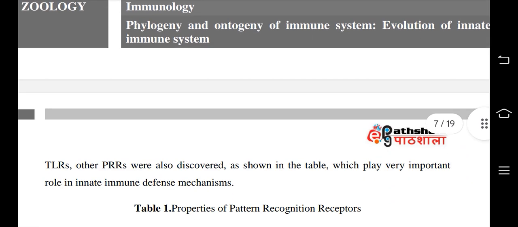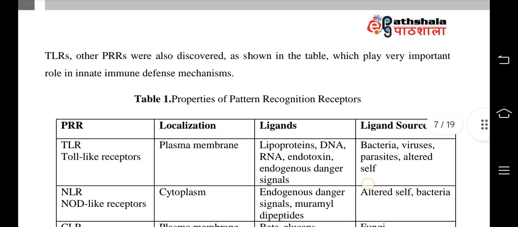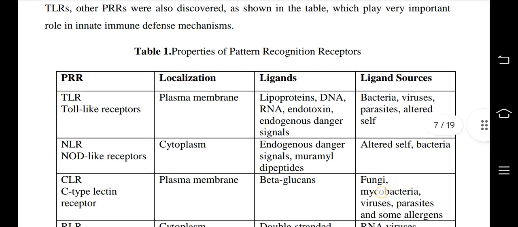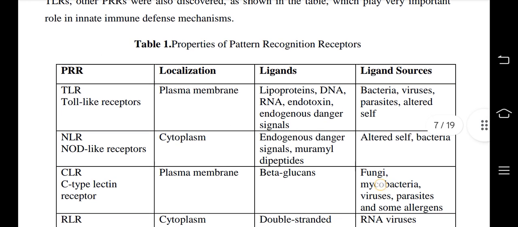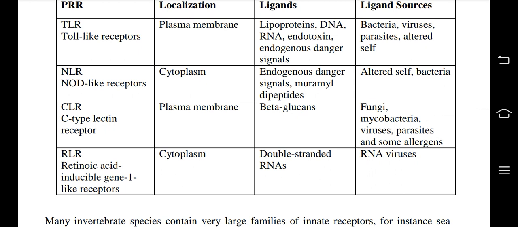In addition to TLRs, other PRRs were also discovered, as shown in the table, which may play an important role in innate immune defense mechanism: TLR, toll-like receptors; NLR, NOD-like receptors; CLR, C-type lectin receptors; RLR, retinoic acid inducible gene 1-like receptors.